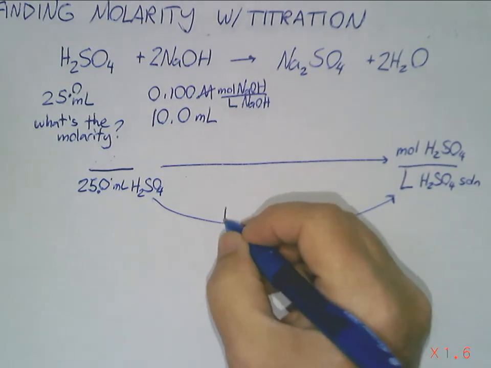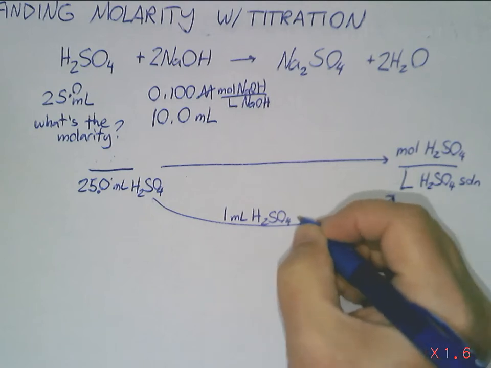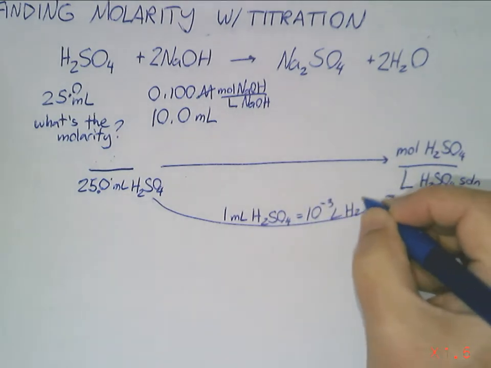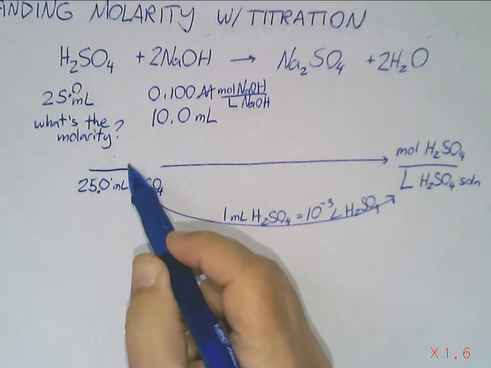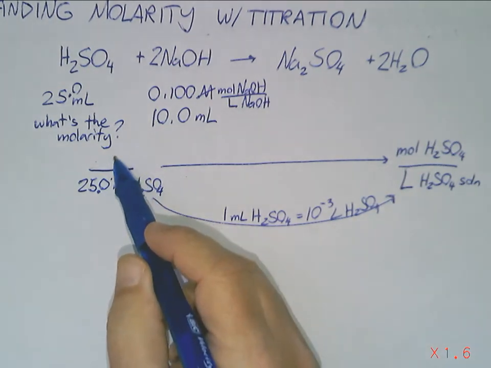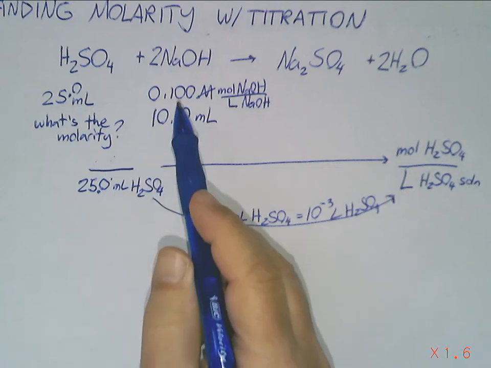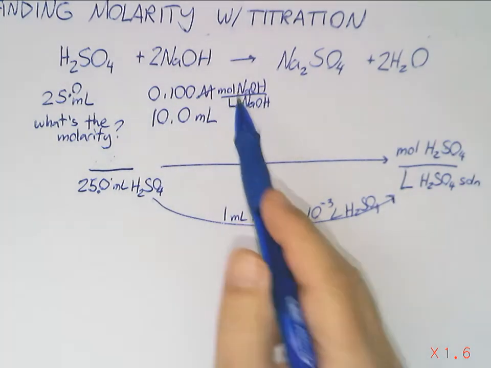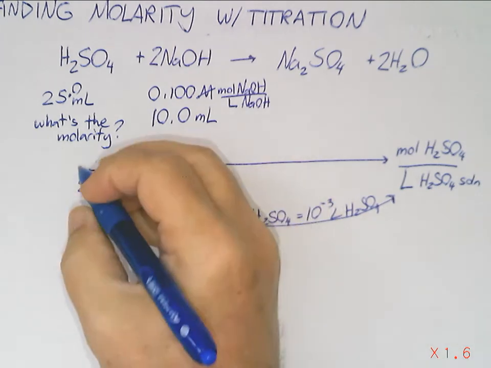So I could write 1 milliliter of H2SO4 is 10 to the minus 3 liters of H2SO4, and I'd have the bottom part done. What about the top part? Remember, I have to put something up there that's not a fraction. So I'm not going to use the molarity here. I'm going to use the molarity as a conversion factor between liters and moles. I'm going to use milliliters of sodium hydroxide solution.